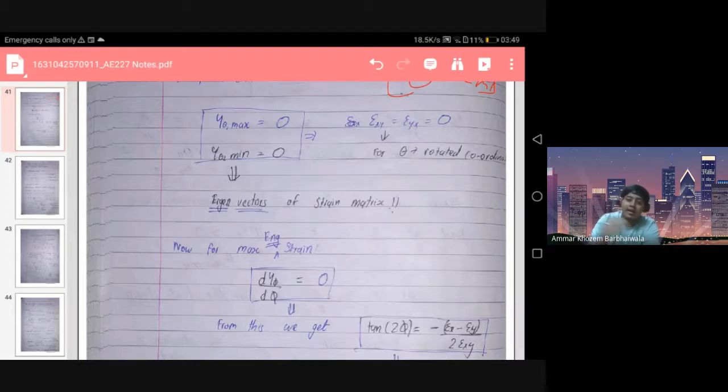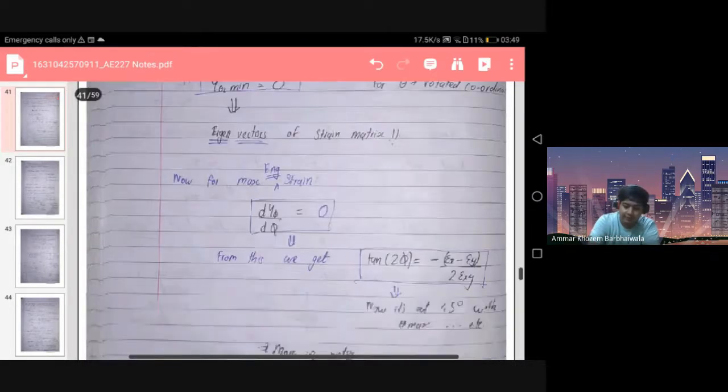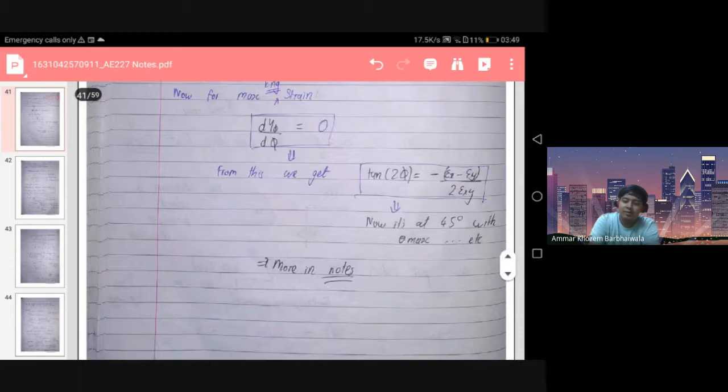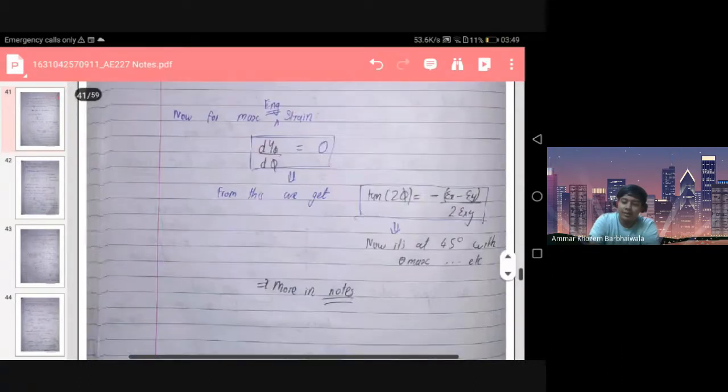The eigenvector directions are where the normal strain is maximum and minimum, and at 45 degrees from them the shear strain is maximum and minimum. For the maximum engineering shear strain, we can also find the maximum by differentiating it.